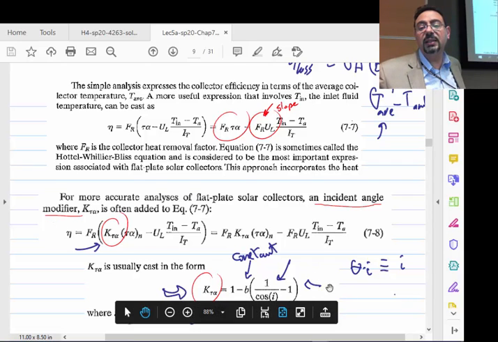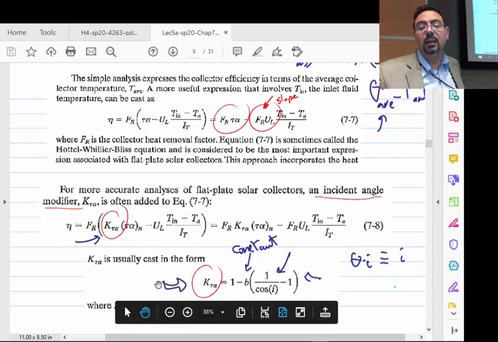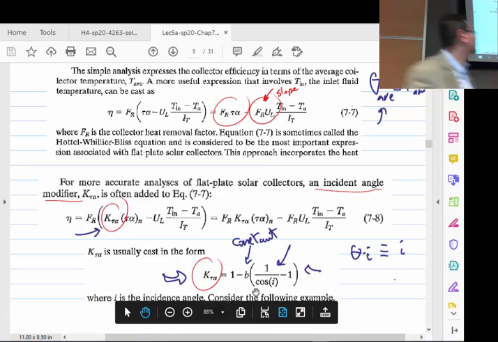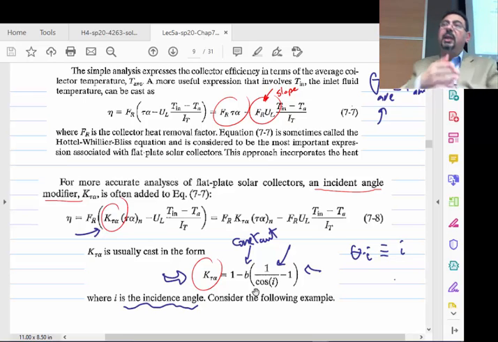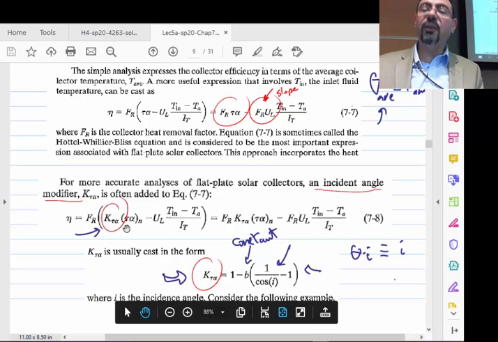So after you calculate theta I, the incident angle, there is an equation for K, the punishment factor, that says if you come with a really big angle, not normal to the plate, you're going to have very small transmissivity. You're not going to get all that radiation going through.